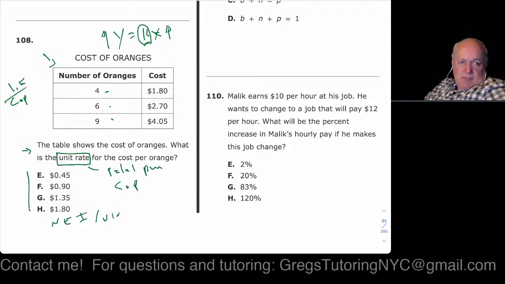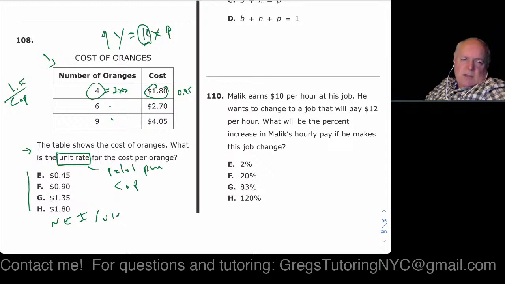If I notice this 4 oranges at $1.80, does that say yes? If I divide that by 4, and 4 is the same as 2 times 2, I'm going to divide this by 2 and get 90, and divide it again and get 45 cents. That's per orange.